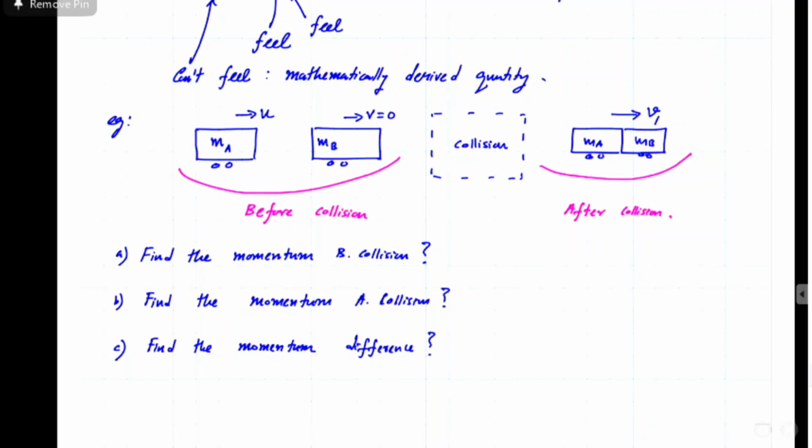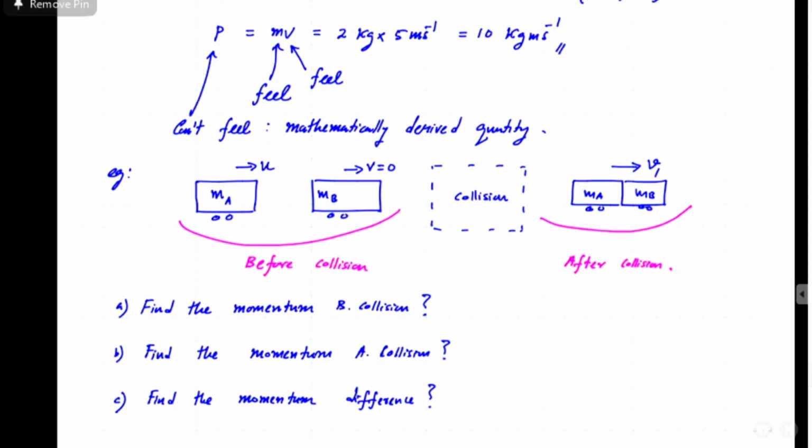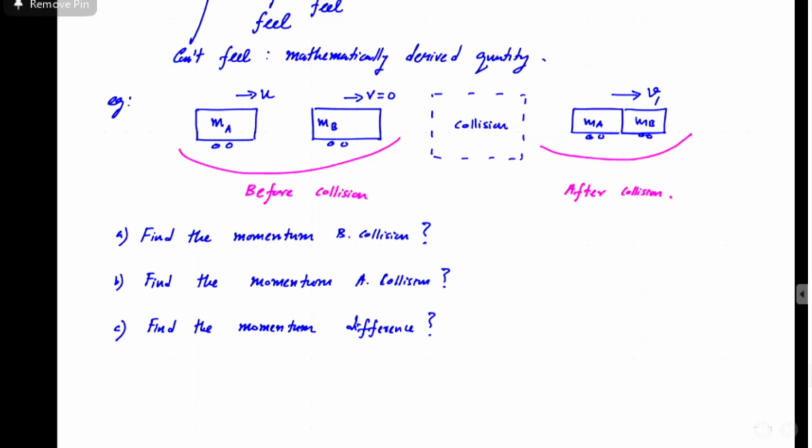Do that. So find the momentum before collision. Before collision, mass A has MA u plus mass B has MB v, but that is 0. That would be MA u only. Why? Because this is 0.